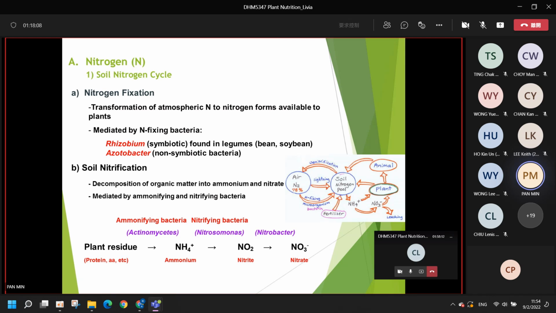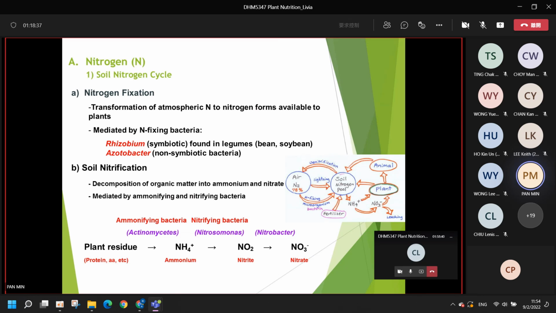What is nitrification? Nitrification is the biological oxidation of ammonia to nitrite, followed by the oxidation of the nitrite to nitrate. And the transformation of ammonia to nitrite is usually the limiting step of nitrification.